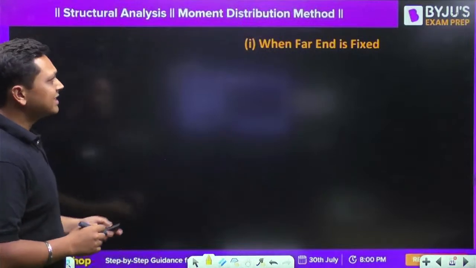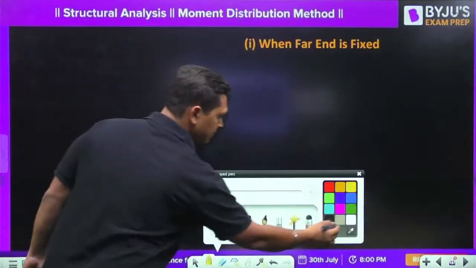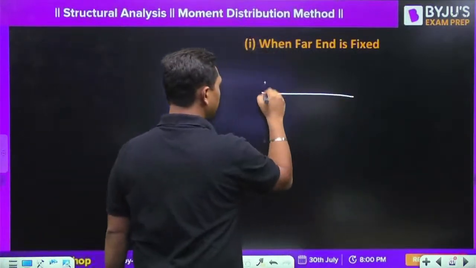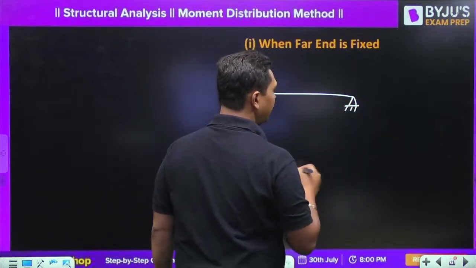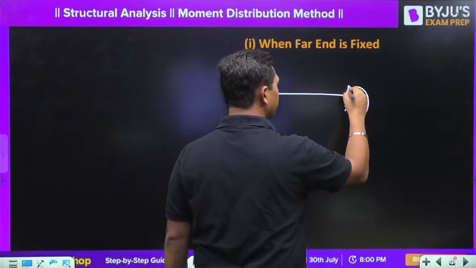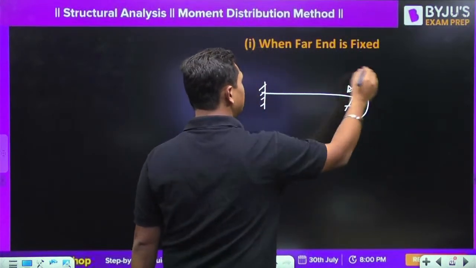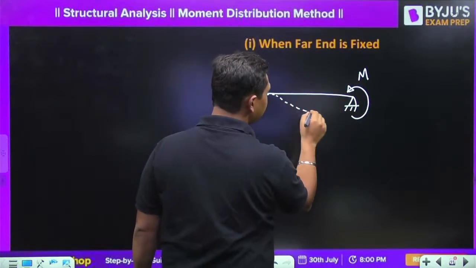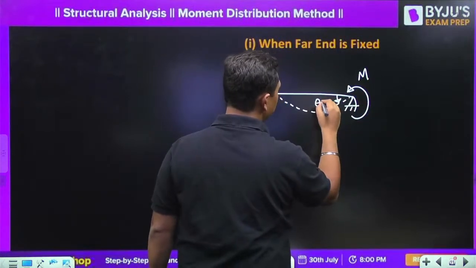Now, for example, if the far end is fixed like this, and you apply a moment over here, what is the amount of moment applied due to which the rotation observed, this theta, becomes equal to 1?